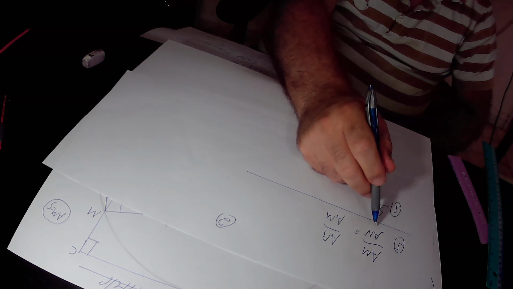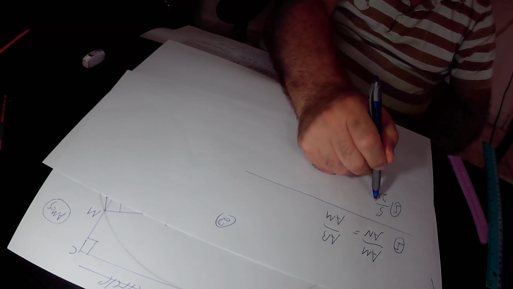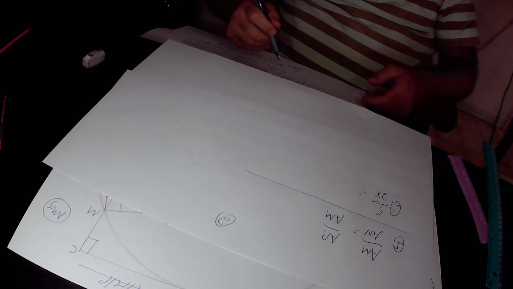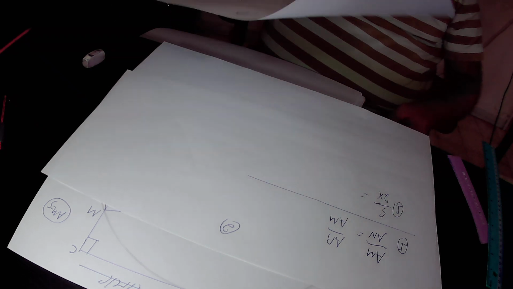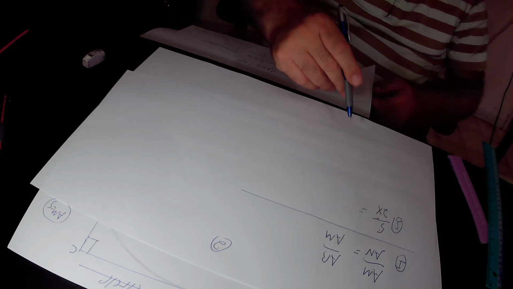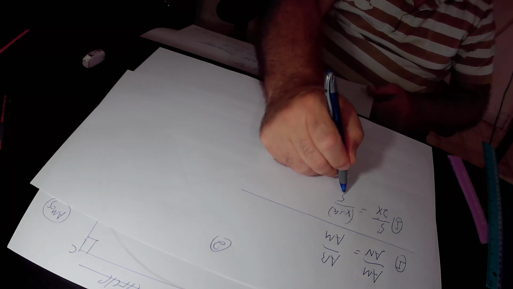We already found out that AN is 2x, the diameter of the semicircle, and AB, as I already mentioned, is x plus a, over AM, which is 5.